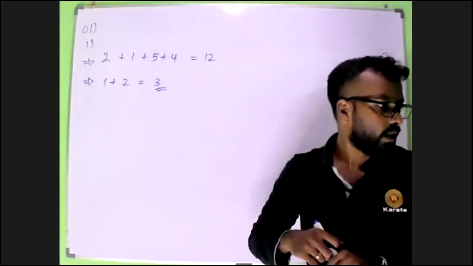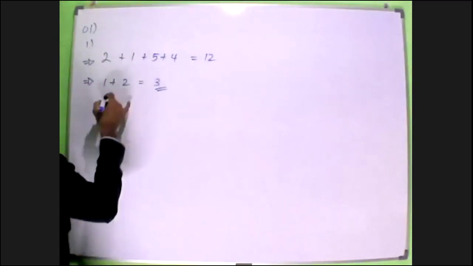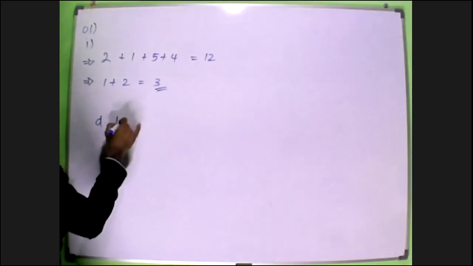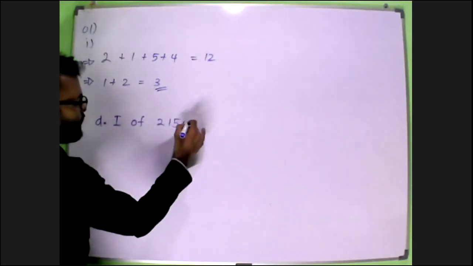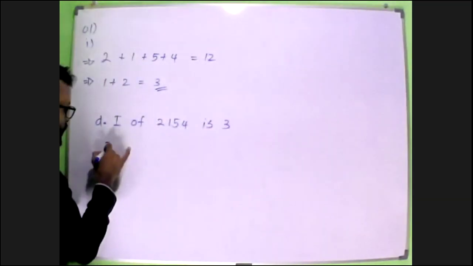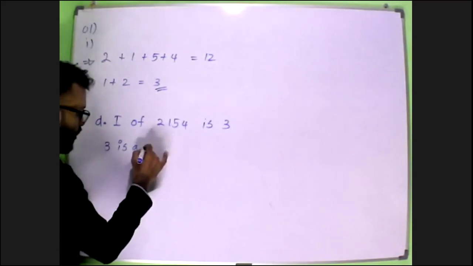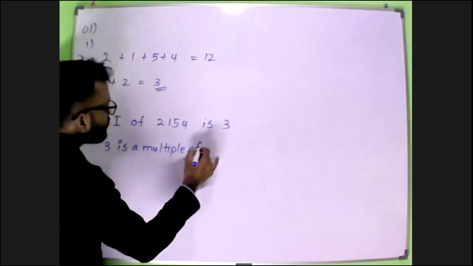So basically, the digital index of 2154 is 3. So 3 is a multiple of 3.